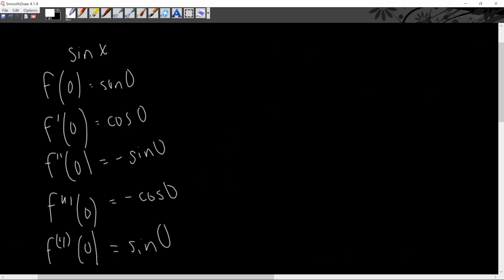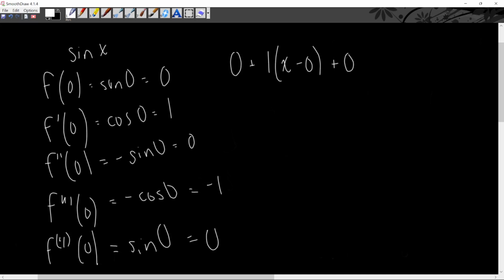Again, after 4 iterations, we are cycling back to the original values. So sine 0 is 0, cosine 0 is 1, sine 0 is still 0, cosine 0 is still 1, so negative 1, and then sine 0 is again 0. Right, so f of 0 is 0, so we're going to put 0, and then plus 1 times x minus 0. Again, we are centered at x equals 0, and then plus 0 times x minus 0 squared over 2 factorial, right?